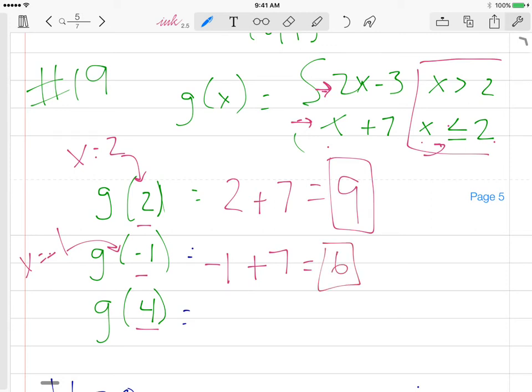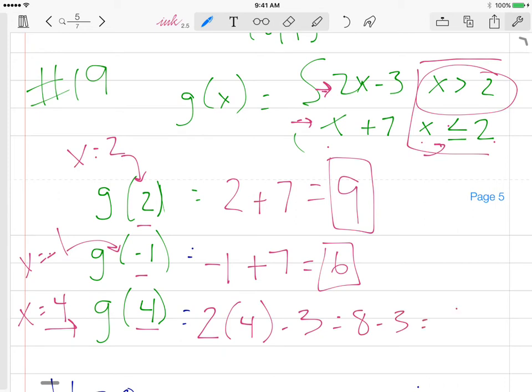And then g of 4, that means where x equals 4. Well, that's a bigger number. It has to be greater than 2, which it is. So I'm going to plug into the top equation: 2 times 4 minus 3, which is 8 minus 3. That gives me 5 for my answer. Try your best on those. Again, you're just plugging those numbers in for one of the equations in the problem.